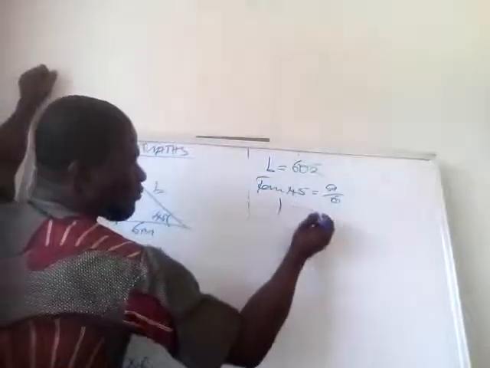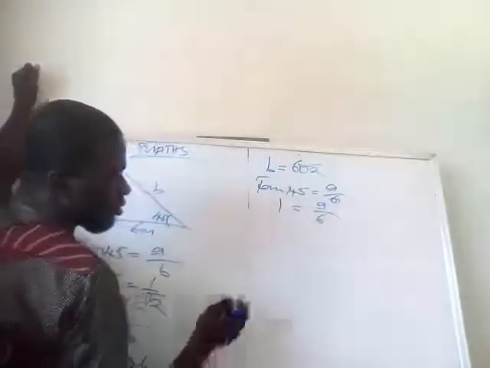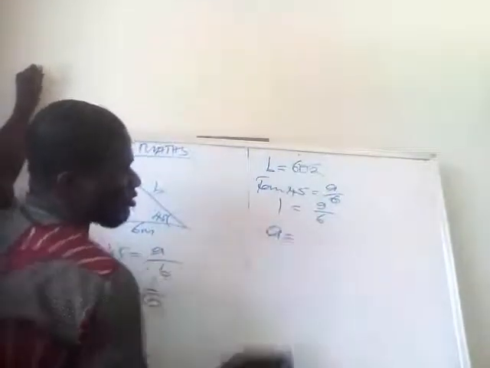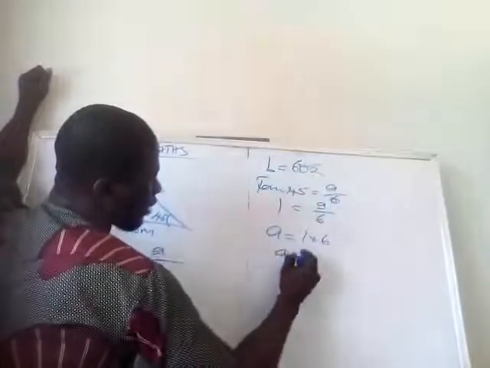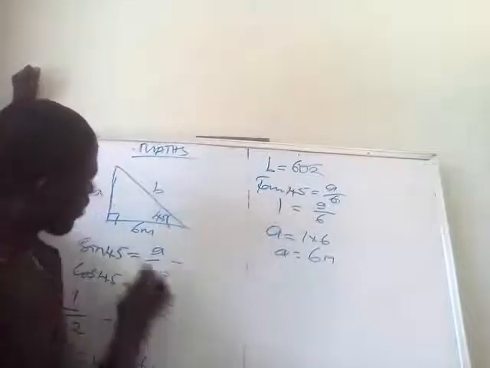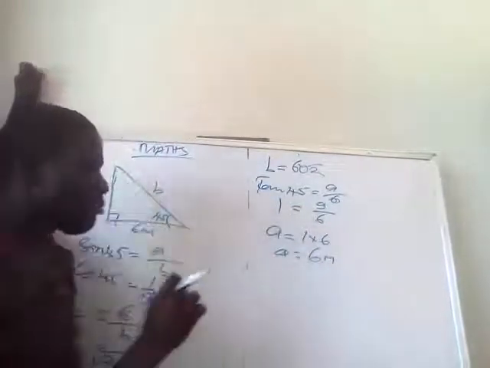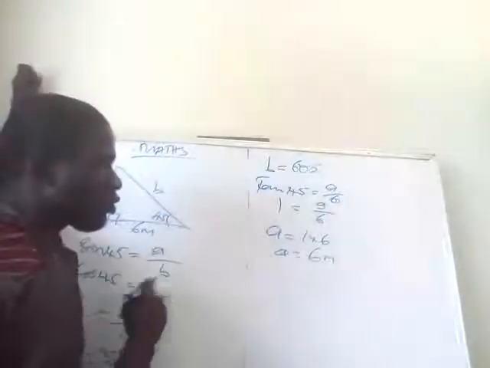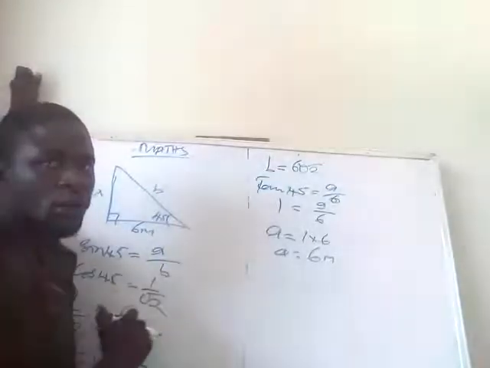So you have 1 equal to A over 6. Then A is equal to, when you cross multiply, 1 times 6, and A equal to 6 meters. We have 6 here, and we have also solved and got 6, meaning that it's an isosceles triangle. Two sides must be equal, and two angles must also be equal.